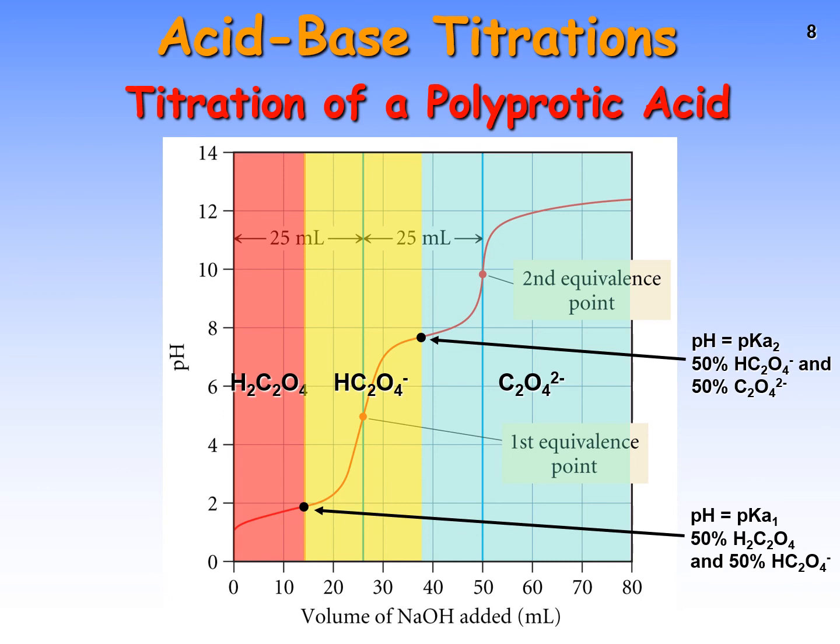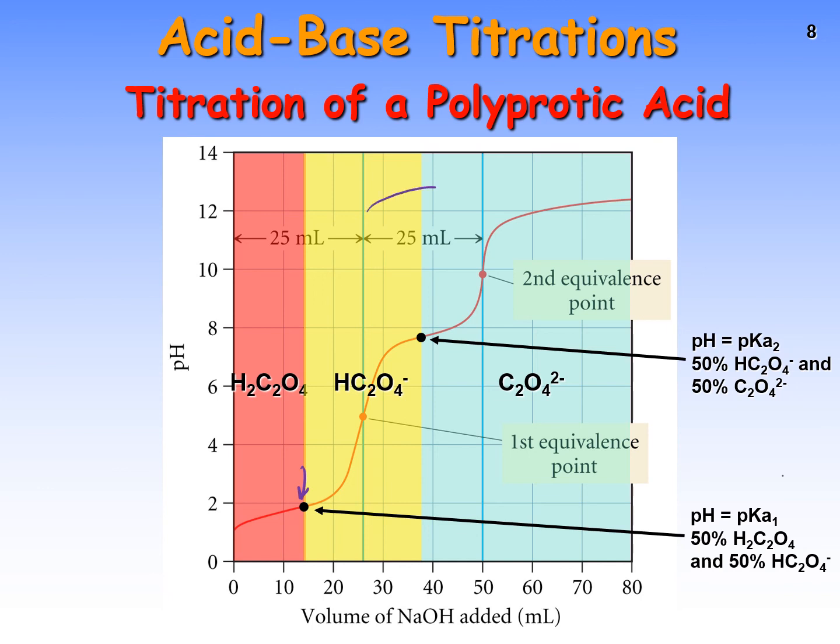Now, like I said before, at half the equivalence volume, our pH is going to be equal to pKa. In a polyprotic acid at half the equivalence point, sorry, that's not half, that's the first equivalence point. At half the equivalence point here, our pH is going to be equal to pKa1 because that's the first ionizable proton going away.